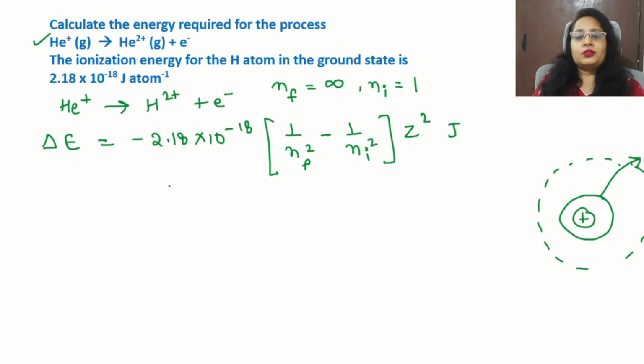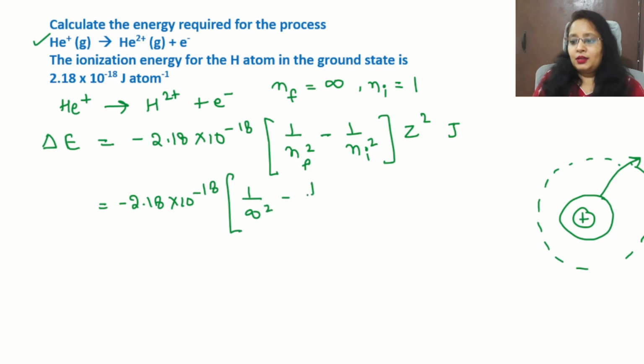Now substituting the values in the formula: -2.18 × 10^-18. In place of 1/n_final² we will put 1/infinity², minus 1/n_initial, which means 1², and Z is the atomic number. For helium the atomic number is 2.